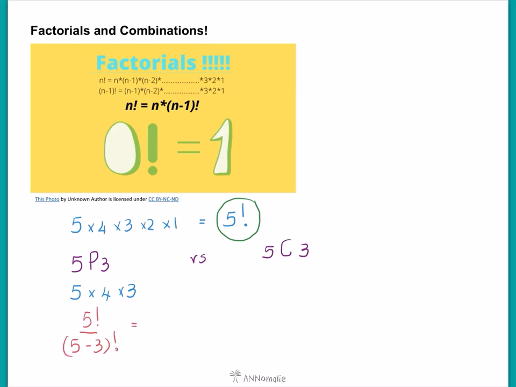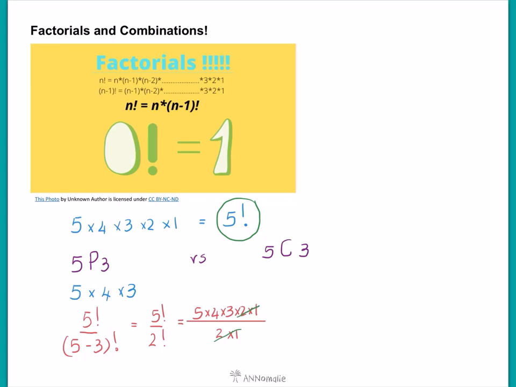And that is then 5 factorial over 2 factorial, which will result in the exact same thing. Why? 5 times 4 times 3 times 2 times 1, divided by 2 times 1, and we get the exact same thing.